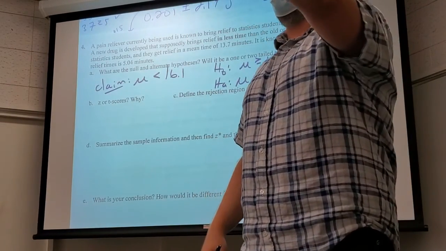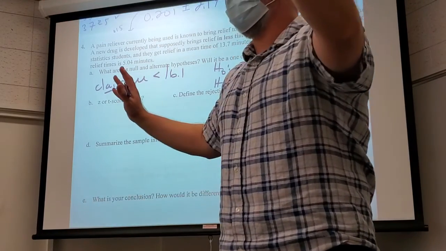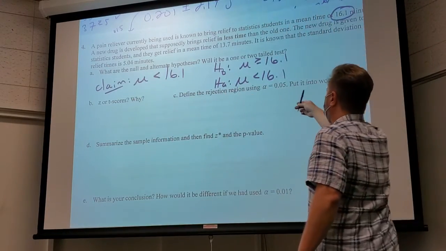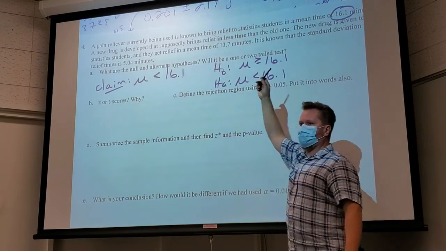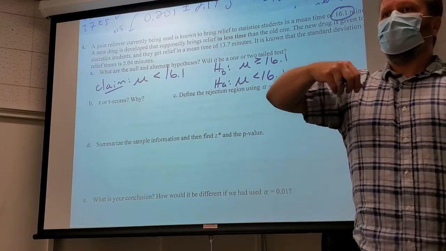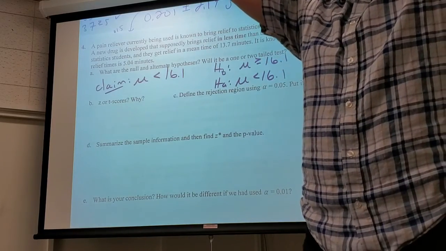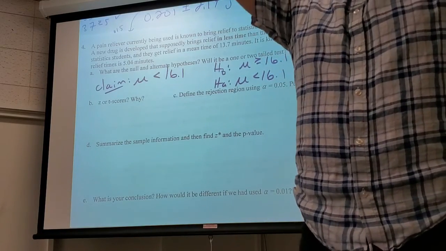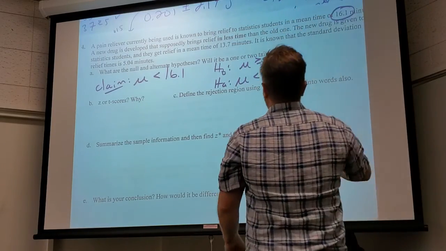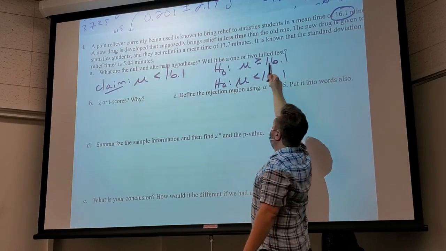We think the null is wrong, but in reality it's right. You guys, that's all it is. That's what type 1 error is. So we think the mean is less than 16.1 minutes, when in reality it's at least 16.1 minutes. That's a type 1 error. A type 2 error is just the other way around. A type 2 error is we fail to reject the null when it's actually false.